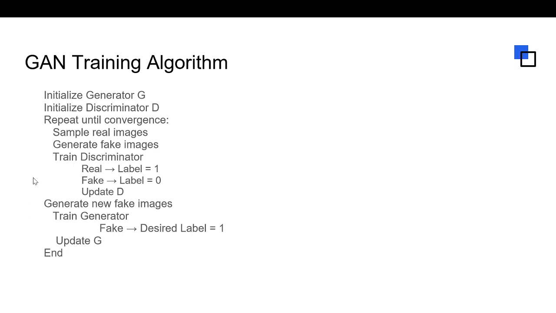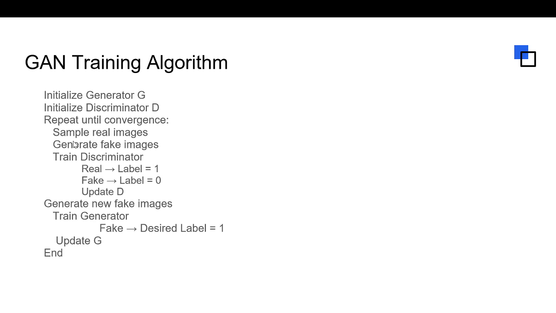This is an algorithmic approach for training a GAN. First, we need to initiate a generator. Next, we need to initiate a discriminator. Then we need to find an optimized model. Then we need to repeat the steps. First, we need to generate a sample fake data set with the help of a generator.